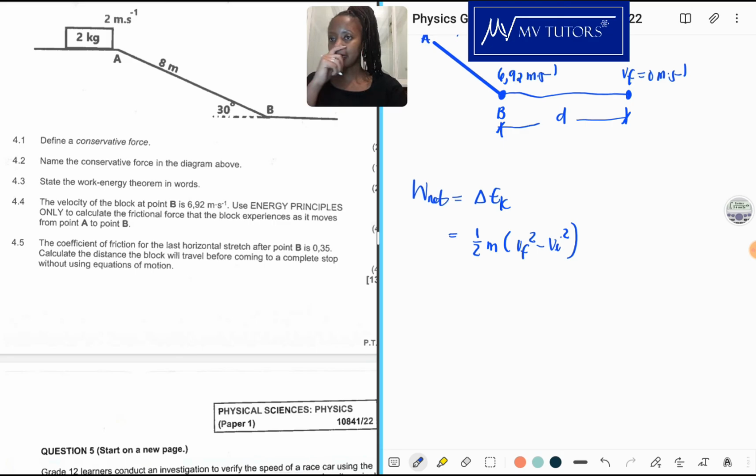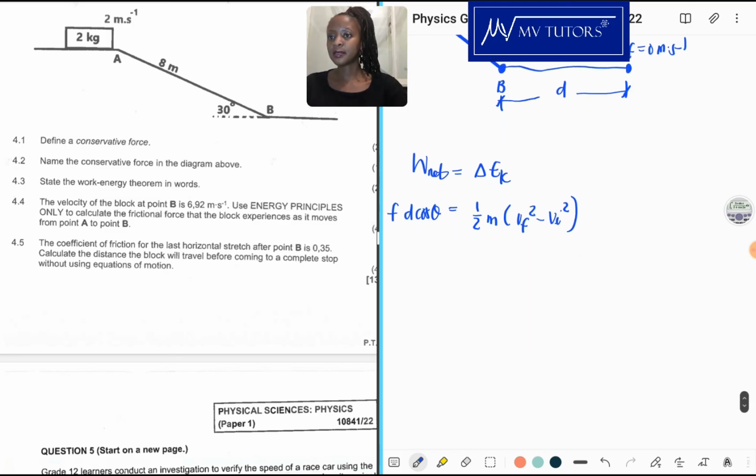Okay, and then let's see, what can we do here? We know that the net work is force times displacement, force times displacement cos theta. Alright. Now let's plug in the values.